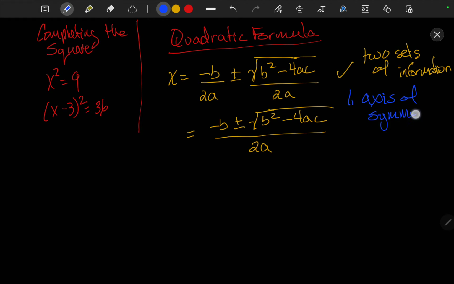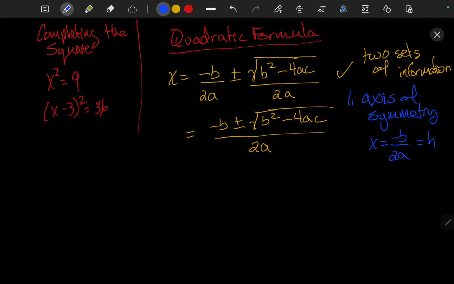I hope you guys are writing this down. Axis of symmetry is x equals negative b divided by 2a. That will graph as a vertical line that goes through your vertex, and we learned that this is also equal to the h of your vertex formula, right?